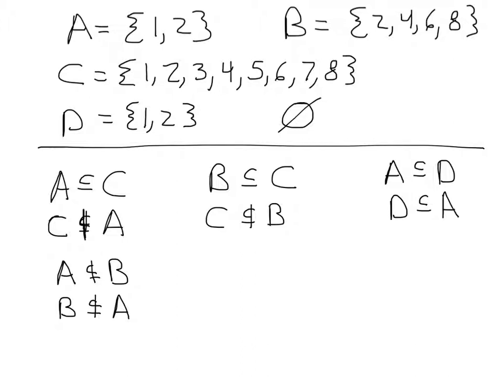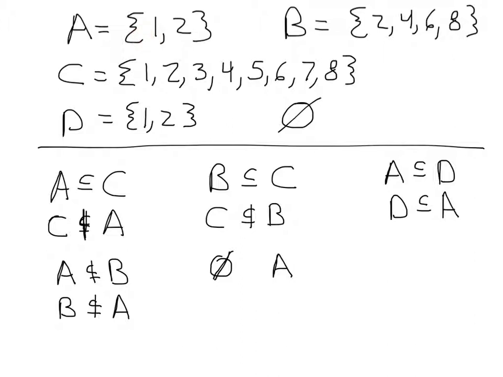Now, what about the empty set? It turns out the empty set is the set containing nothing. Well, think about the definition. We'll compare this to A. It says all of the elements in a set, so we're thinking about all of the elements in the empty set, are in here.